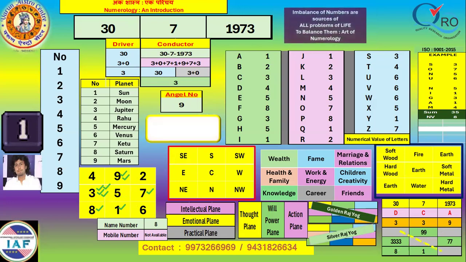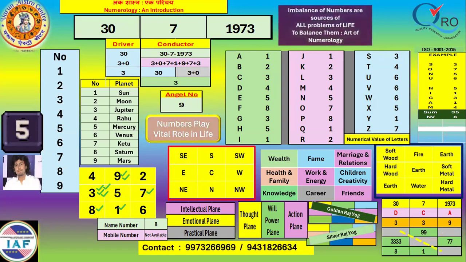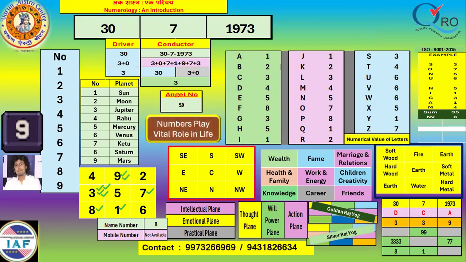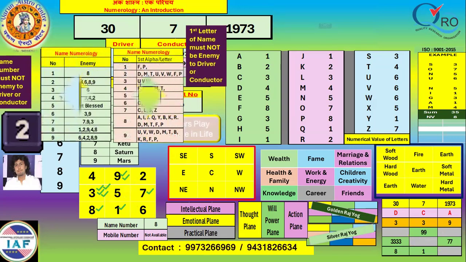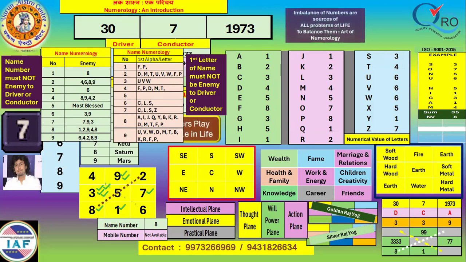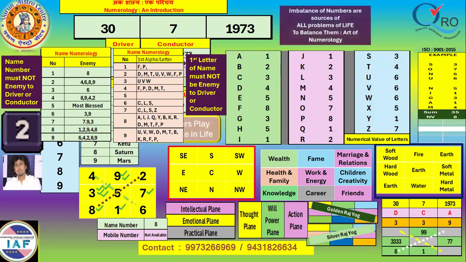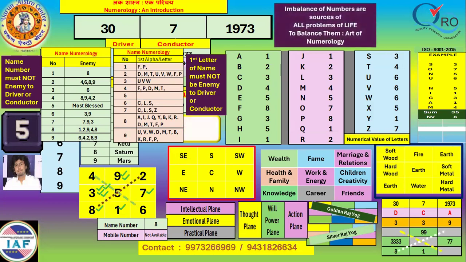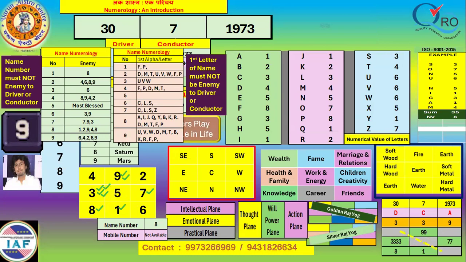Now, while selecting the numbers, we must apply some mind in selecting the names and making corrections in the name. Suppose your prime number or conductor is 3, so the native should avoid number 6 because it is anti to 3.